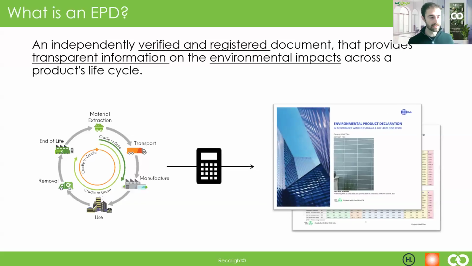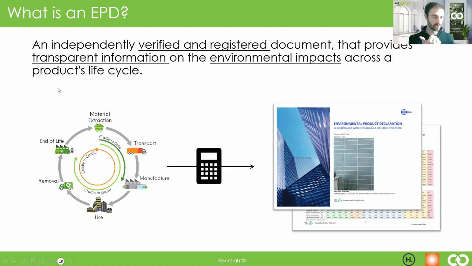I'm going to assume that there's a basic understanding of what EPDs are, but I'm going to go over it briefly here. An EPD, or an Environmental Product Declaration, is an independently verified and registered document. It provides transparent information on the environmental impacts across a product's life cycle. In order to do that, you have to consider all of the inputs and outputs at each of the different life cycle stages of a product.